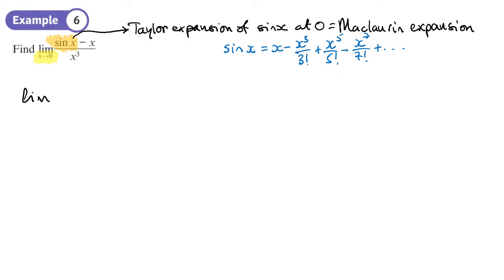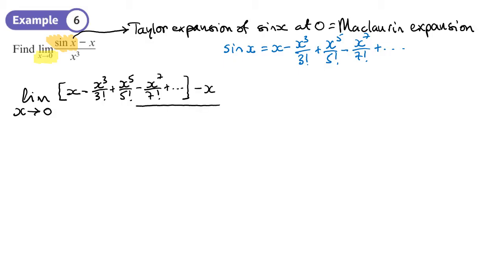So the limit as x tends to 0. So sine x we will write as x minus x cubed over 3 factorial plus x to the 5 over 5 factorial minus x to the 7 over 7 factorial plus dot dot dot, minus x, all over x cubed.